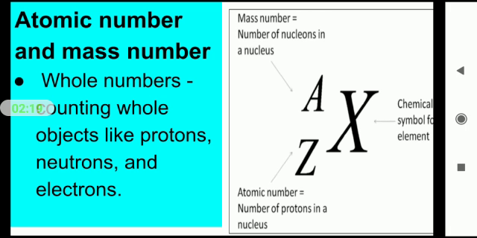Atomic number and mass number are always whole numbers because they are obtained by counting whole objects like protons, neutrons, and electrons. The sum of the mass number and the atomic number for an atom corresponds to the total number of subatomic particles present in the atom.